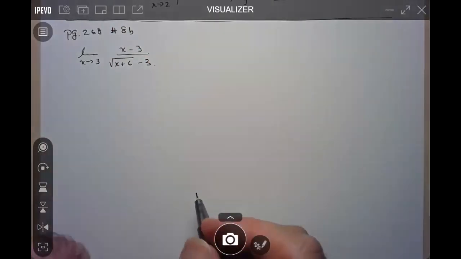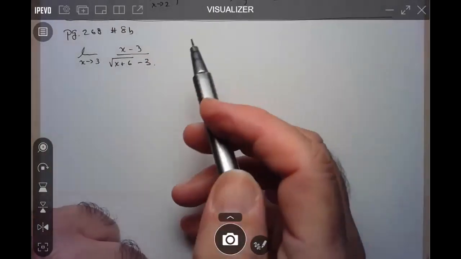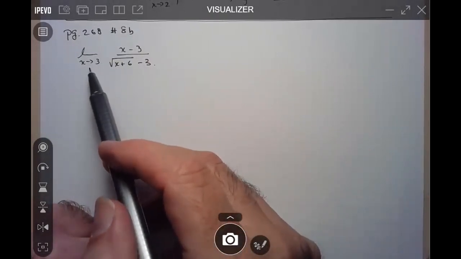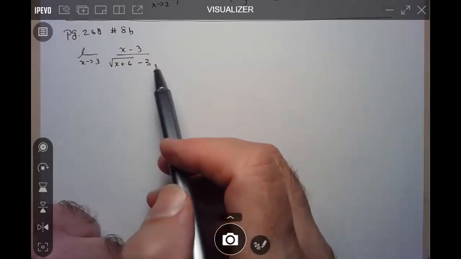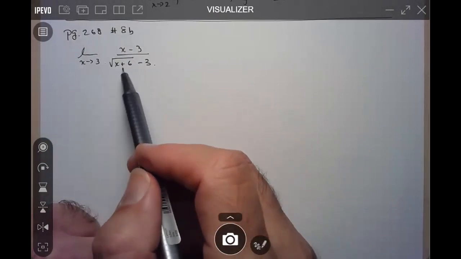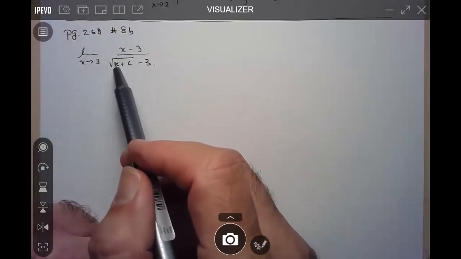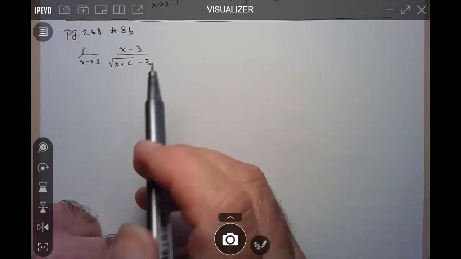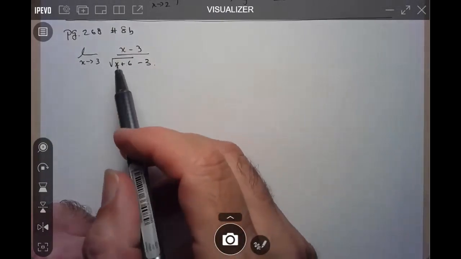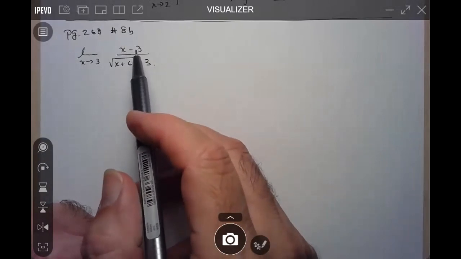Okay, so ideally, if there's no issues, we can just stick whatever x value we're approaching into the expression. But the problem is, I suspect that when we try to stick 3 into the denominator, we get 3 plus 6 is 9, square root of 9 is 3, minus 3 is 0. Okay, so that's a possible problem. If the numerator does not approach 0, it's done.